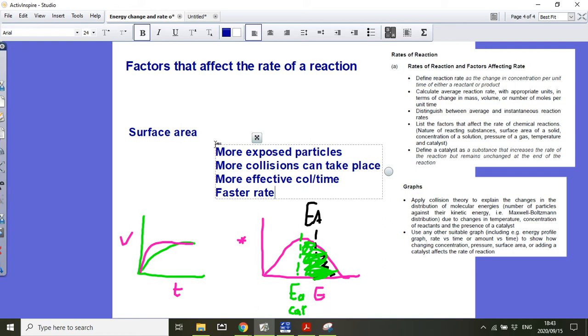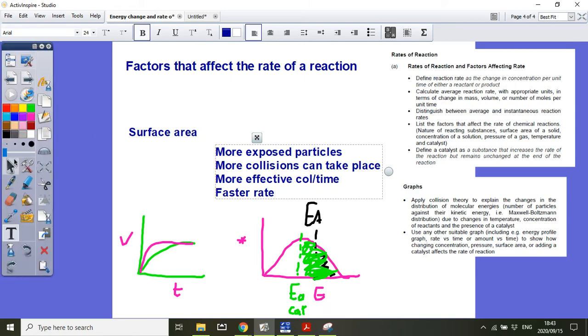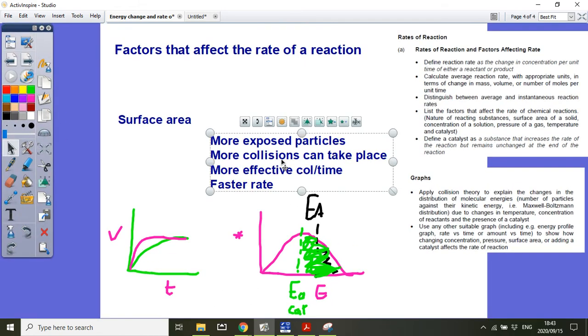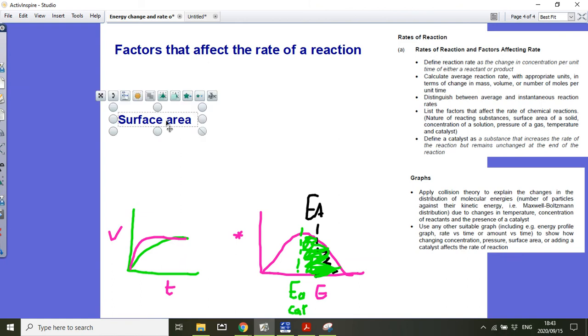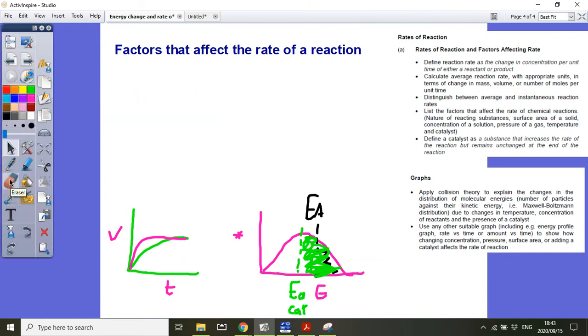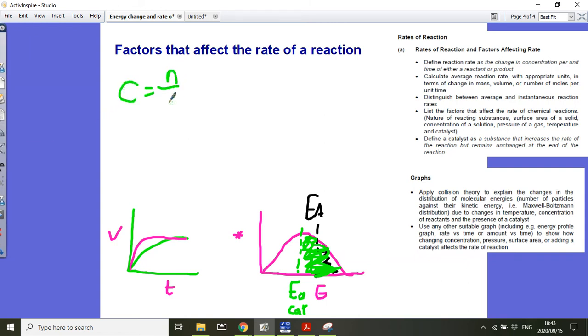Now we have to look at concentration. If we look at concentration, just quickly remember what concentration actually is. Let me just write the formula for you quickly. Concentration is moles over volume.